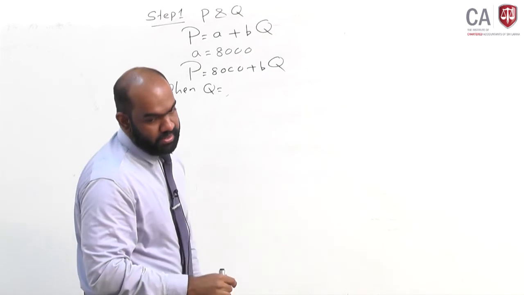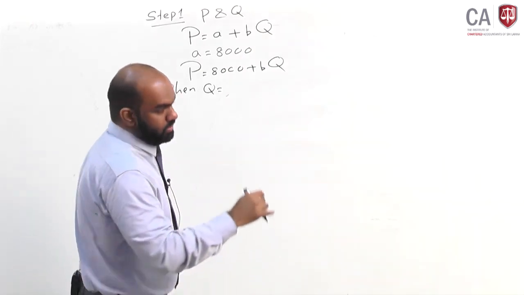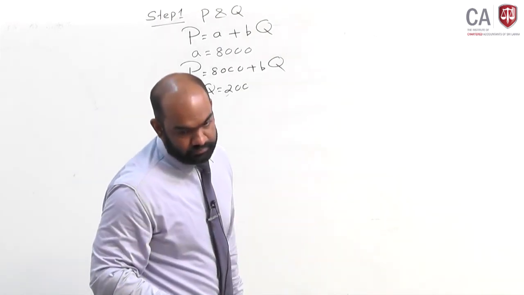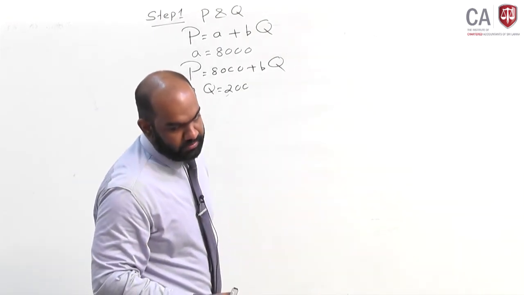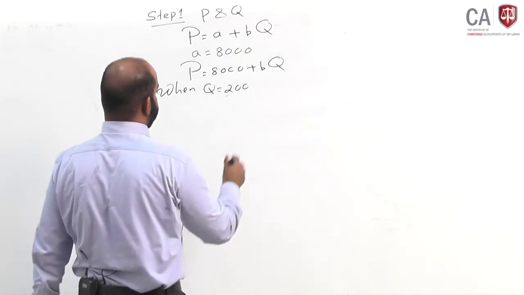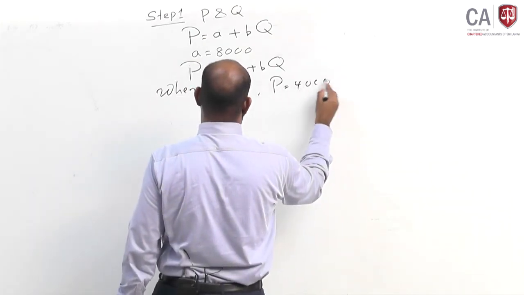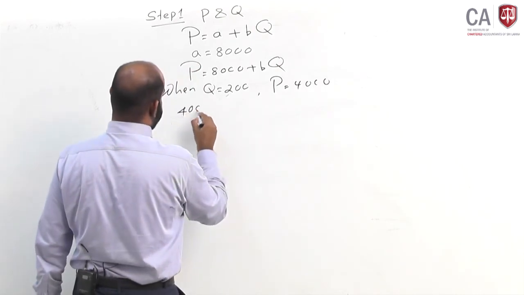When Q's value is 200, your price becomes 4,000. So I will substitute that.